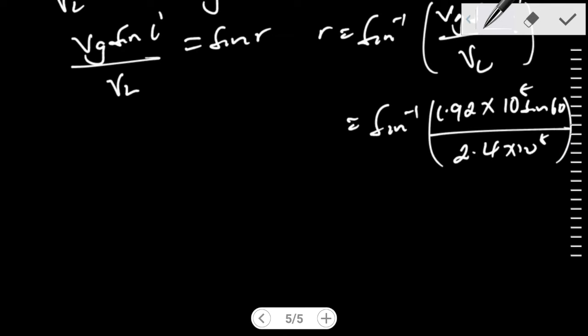And if I proceed here, this cancels with this, and therefore I would have the inverse sine of 0.6928.